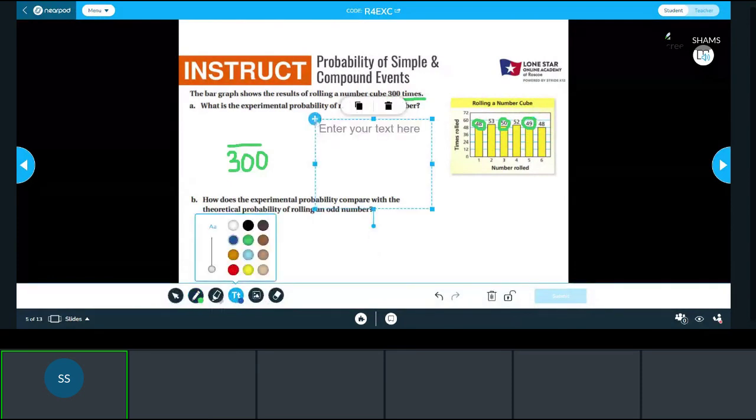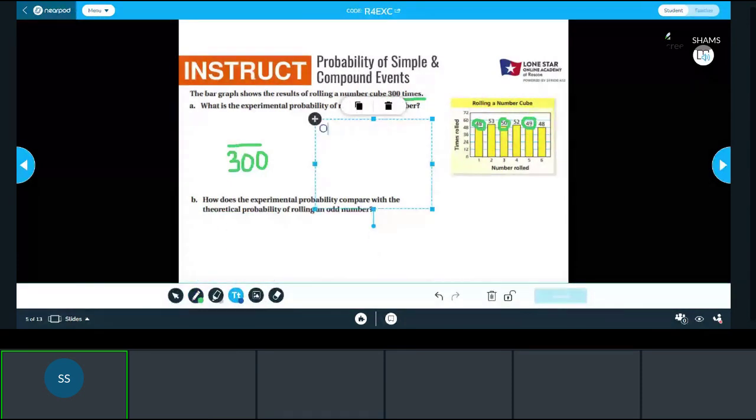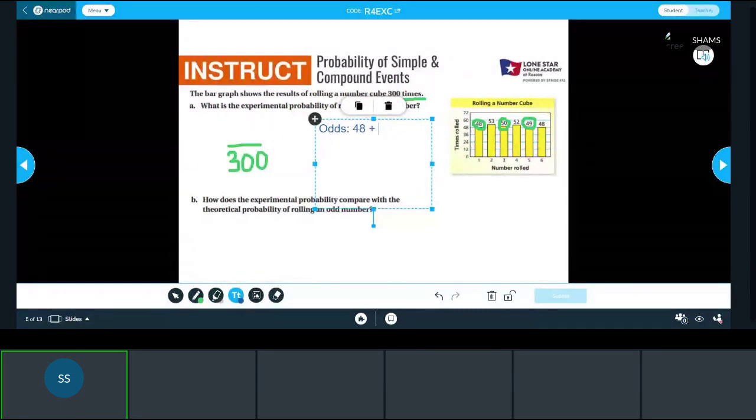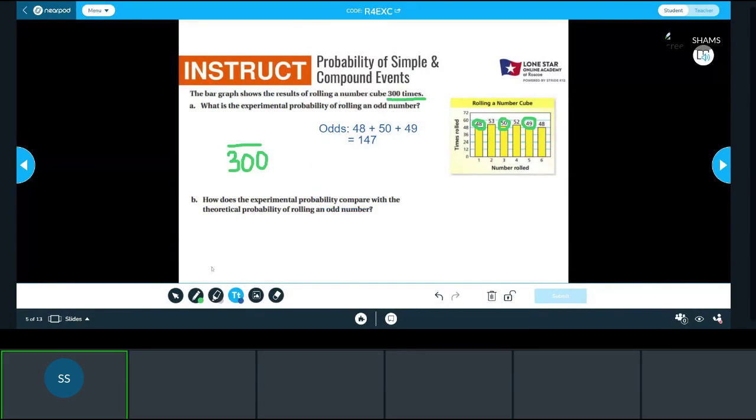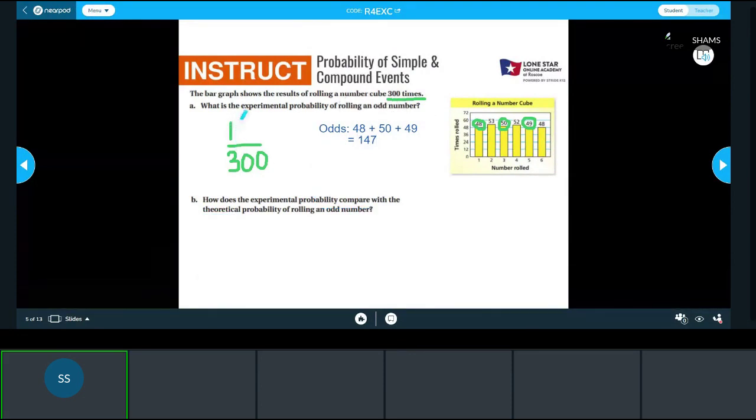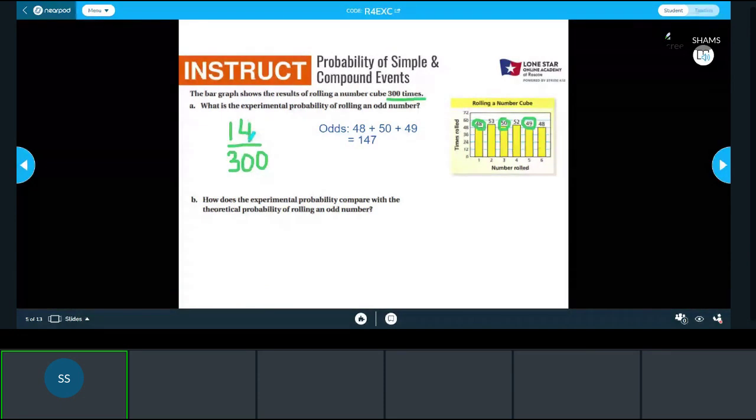Let's find the total chance of all odds: 48 plus 50 plus 49 gives me a total of 147. So the probability of rolling an odd number will be 147 out of 300.